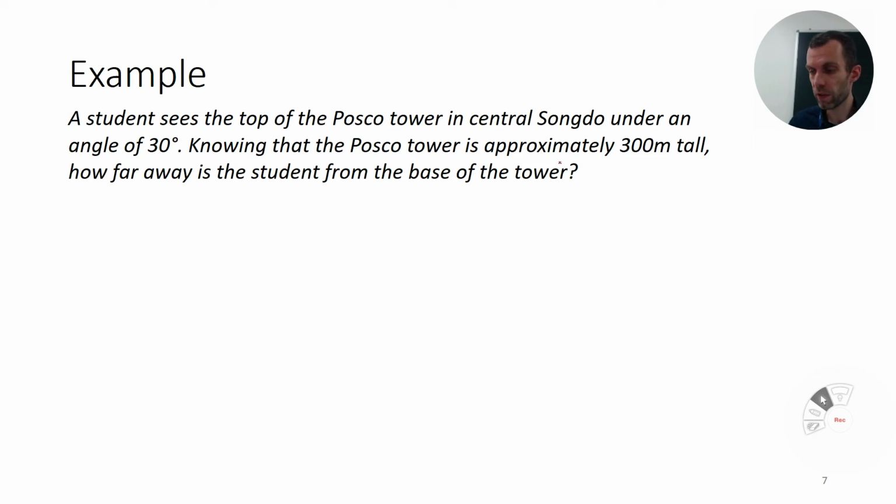So the mathematical elements here are, well, there's an angle of 30 degrees, that's going to be important. We know that the tower is 300 meters tall, and we want to find the distance to the base of the tower. So that's what we're interested in. Now we can make a drawing.